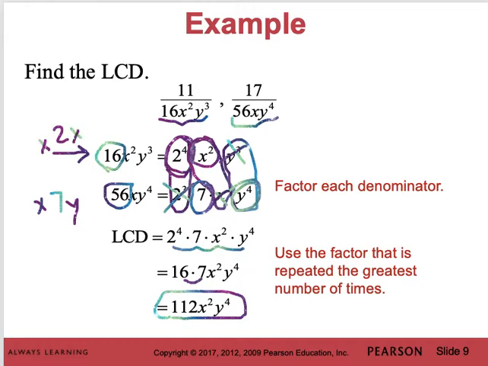So what do you notice? That the items that we circled, this 2 and this x, that's what we ended up multiplying by. We had one extra 2. It was 2 to the 4th power compared to the 3rd. And over here, we circled the 7 and we circled the y. Those were the ones that we had that were extra that we chose for our least common denominator. So to make these equal, we'd have to take our value with our 56 and multiply that by 2x, and we'd have to take our value of 16 and multiply that by 7y.